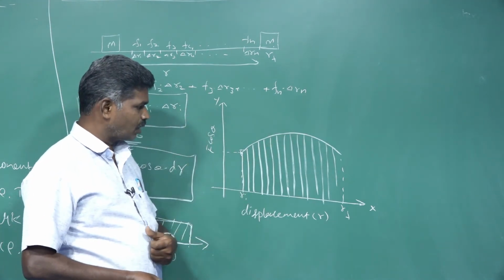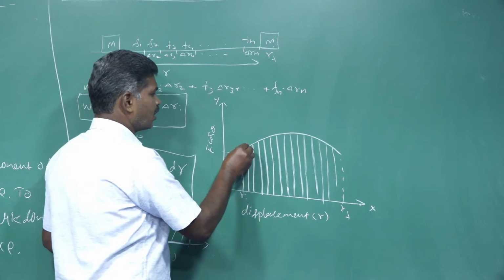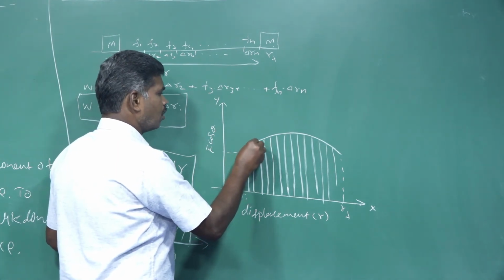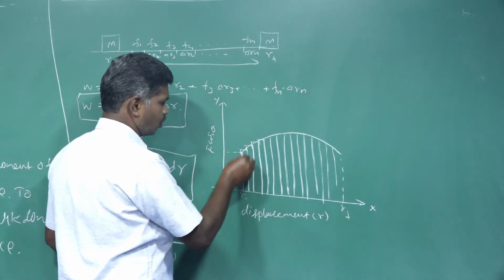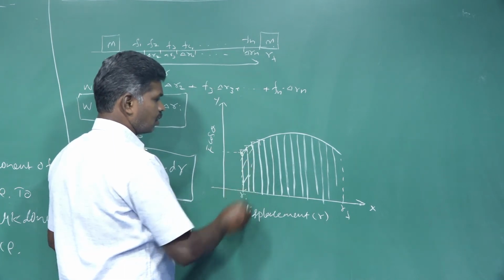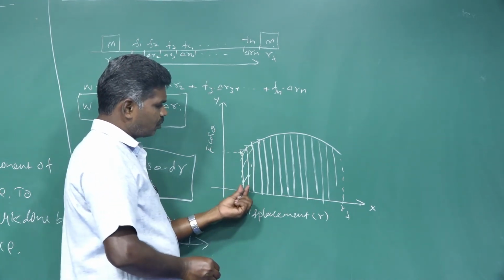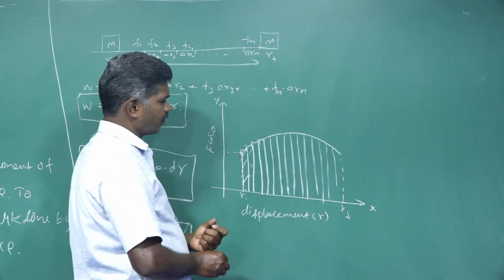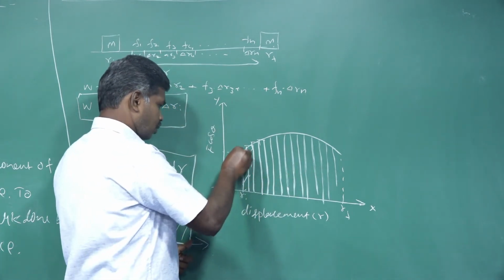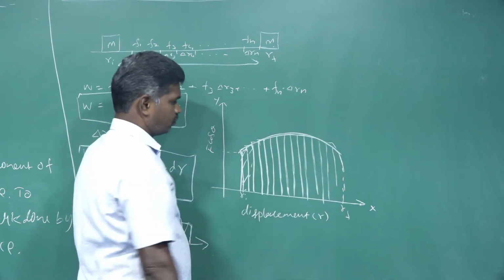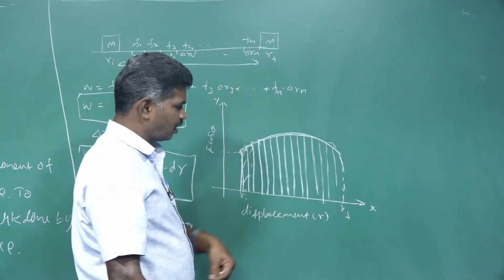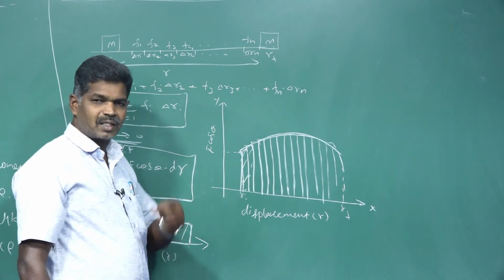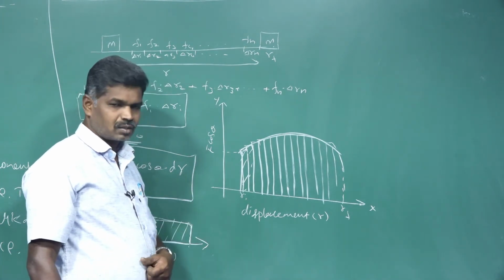Based on that idea, if you find all the rectangular portion areas and sum them up, then we will find the total area under the curve. That total area under the curve can be considered as the work done.